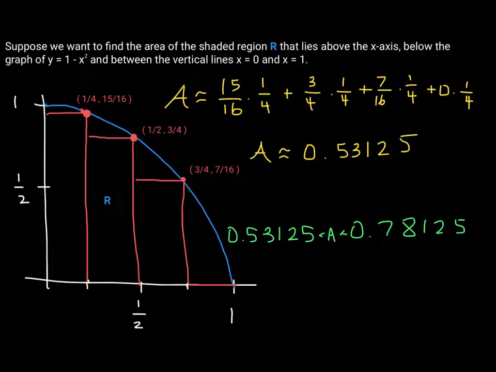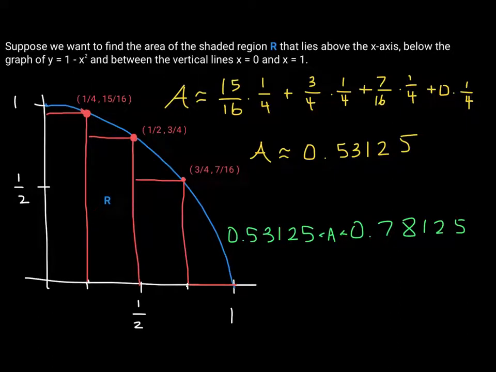Now, we have used 4 rectangles. For the upper sum, the rectangles were constructed so that the heights were the value of our function at the left endpoint of each of the subintervals. This area here, 0.53125, was found by constructing rectangles whose heights were the value of our function at the right endpoints.